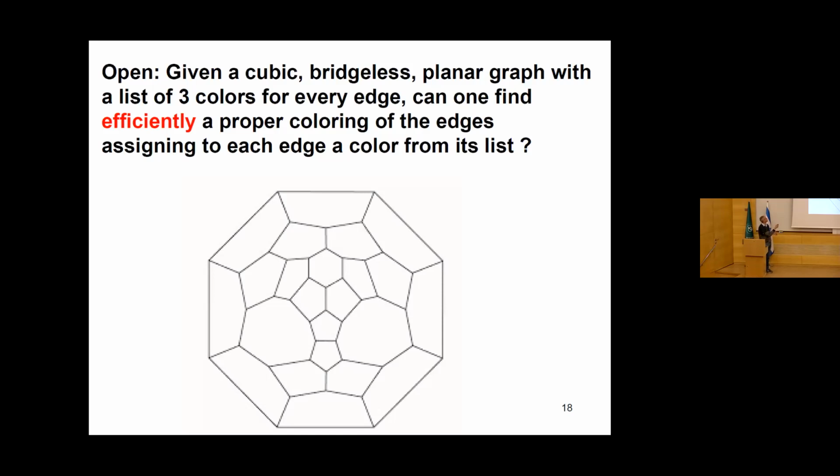So suppose you are given a large cubic planar bridgeless graph, like the one you see here, only larger, and for each edge you get a list of 3 colors. We know that you can color the edges properly by assigning each edge a color from its list. Can you actually find such a coloring efficiently? We don't know.